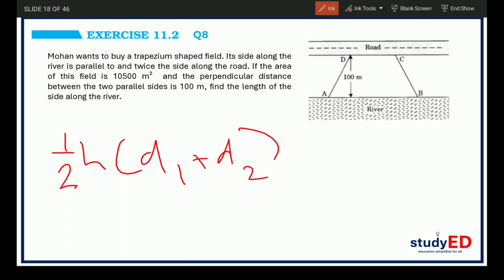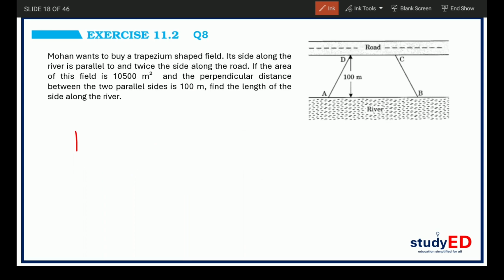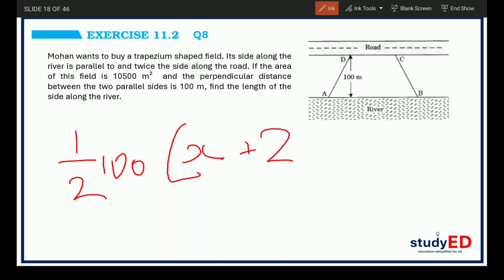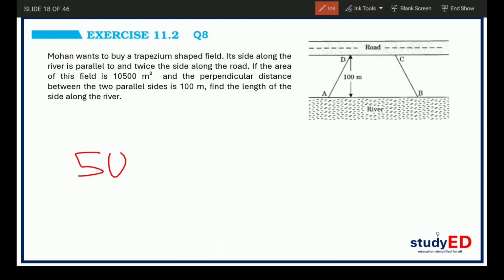Okay, now that we've got the formula as well, let's transpose it. The height is going to be 100, and then parallel side 1 is x, parallel side 2 is 2x, the side along the river. So now 100 by 2 is 50, and x plus 2x is 3x.